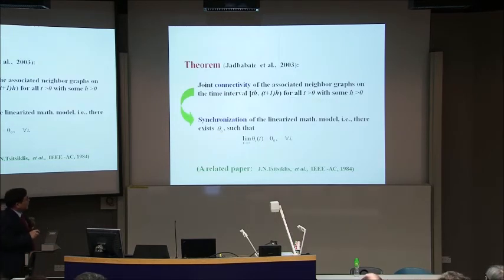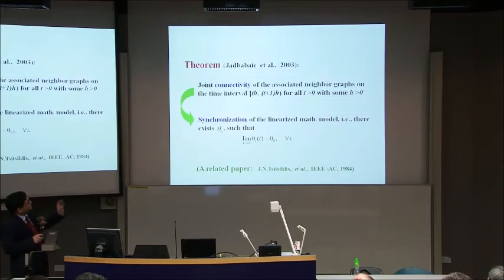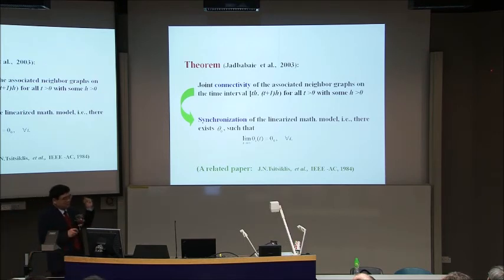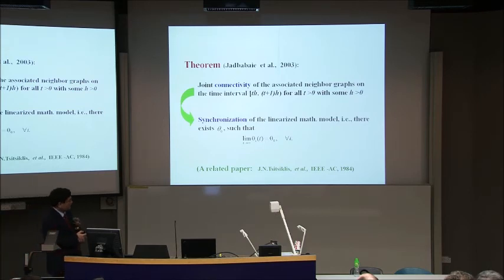As I mentioned before, the graph is defined by the positions of the agents. The positions move from time to time, so the graph will change from time to time. The graph depends on the position, and the position and the heading are closely related.